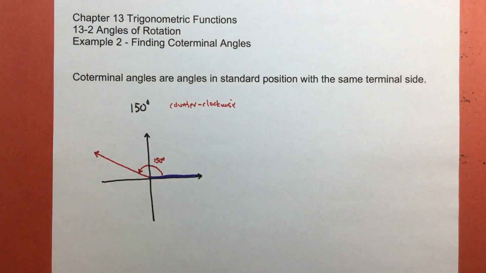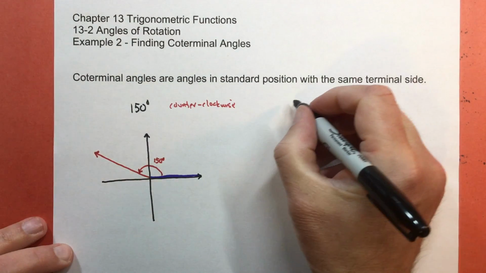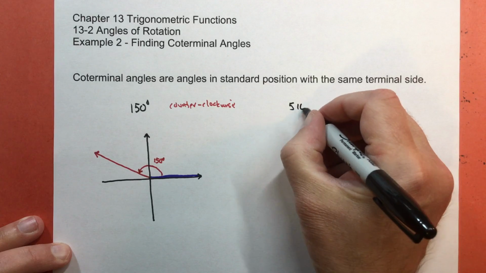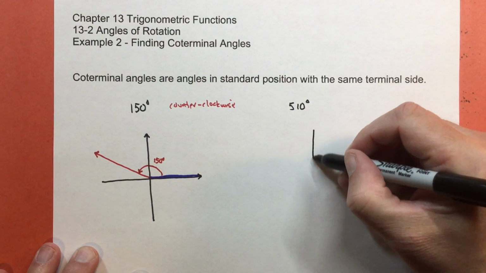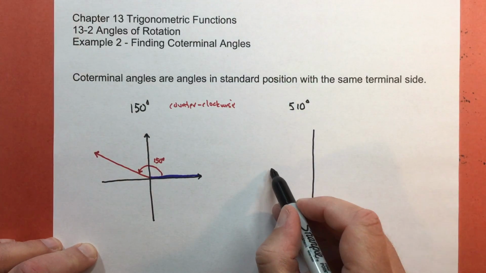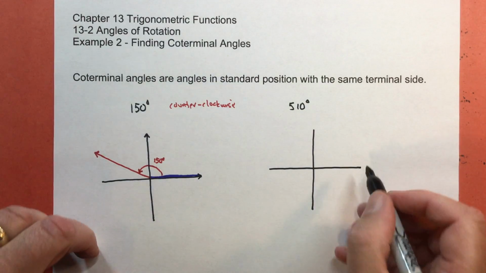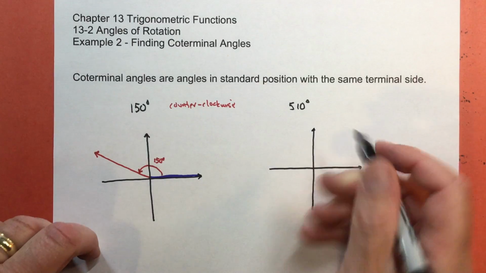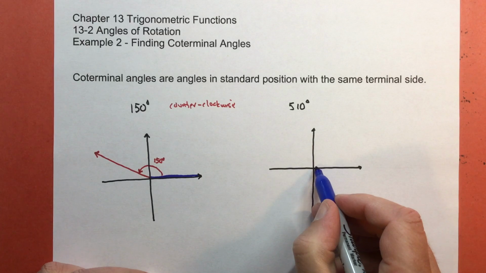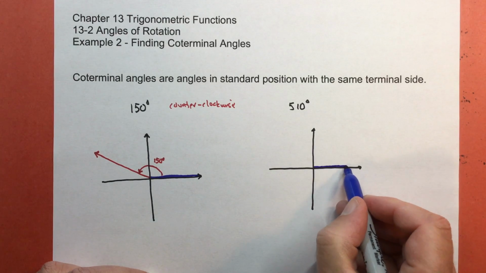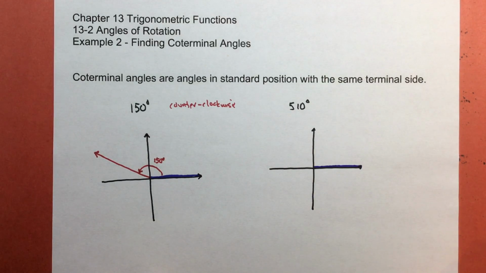Okay. Well, what if I wanted to draw 510 degrees? So let's do the same thing. Here's my x-axis, here's my y-axis, and my initial side is still going to be right here along the positive side of the x-axis.